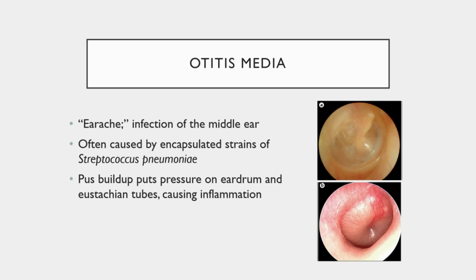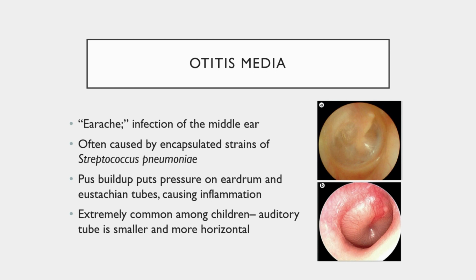If you are a parent, you may know that these infections are much more common among children. And the reasons why are that their auditory tubes are more narrow, and they are more horizontal in relation to the rest of the body. And as we grow, our auditory tubes get larger and they also get more vertical.